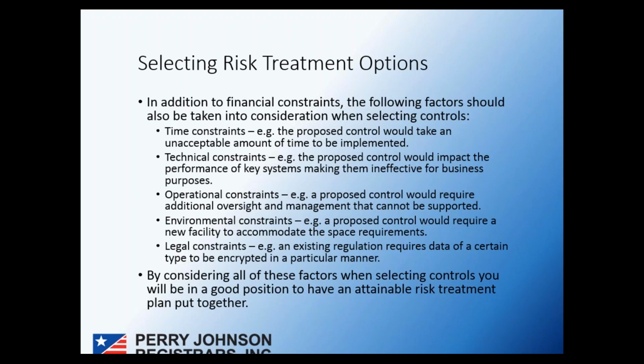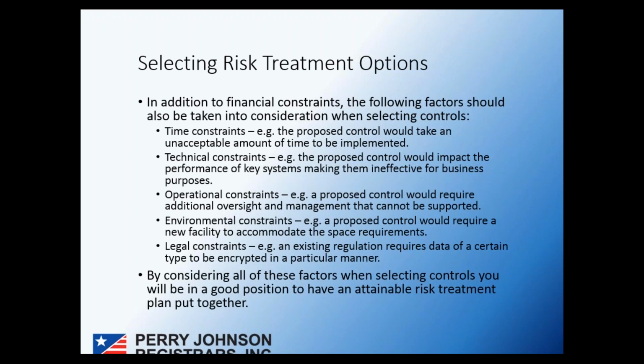In addition to financial constraints, the following factors should also be taken into consideration when selecting controls. Those would include time constraints, for example, given the proposed control would take an unacceptable amount of time to be implemented. Could be technical constraints, where a proposed control would impact the performance of key systems, making them ineffective. Could be operational constraints, for example, a proposed control would require additional oversight and management that cannot be supported.